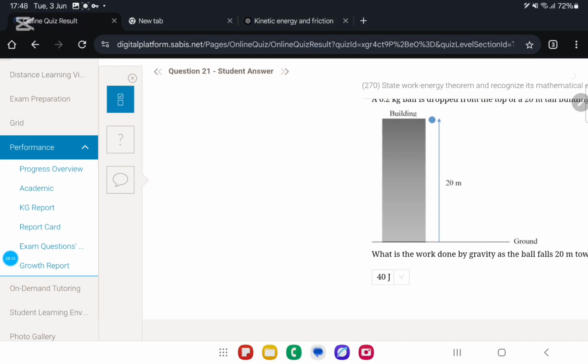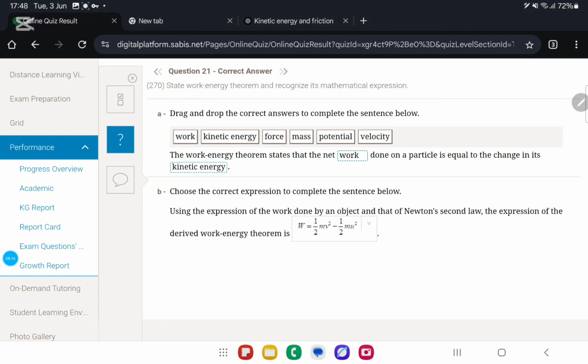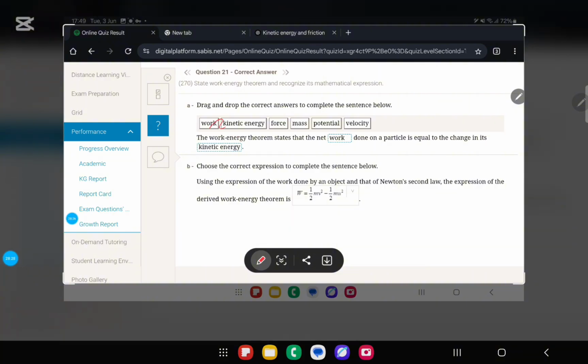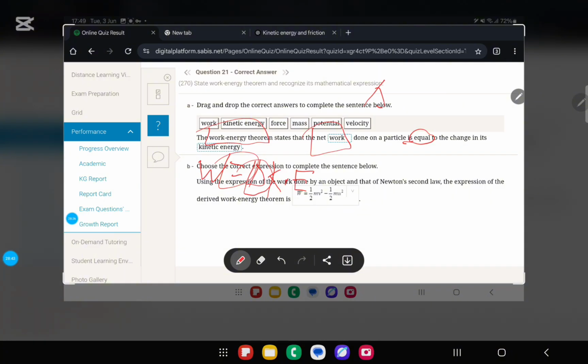Okay? Now we go onwards. The work energy theorem states that the net work done on a particle is equal to the change in its kinetic energy. Like I said, the work energy theorem is work equals delta kinetic energy. The net work done on a particle is equal to the change, which delta means change, in its kinetic energy, KE.